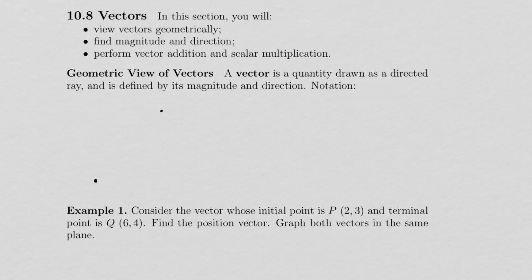The vector is drawn like an arrow from the initial point to the terminal point. So this is an initial point. That's like the tail of the vector, and the head of the vector is at the terminal point.